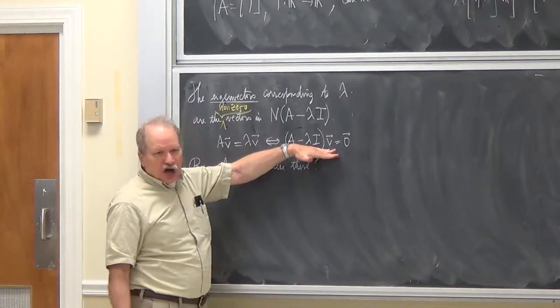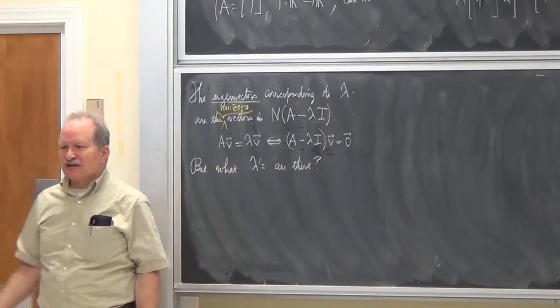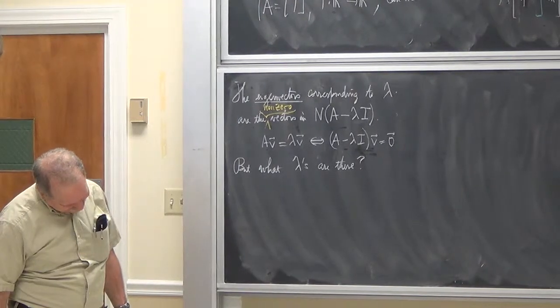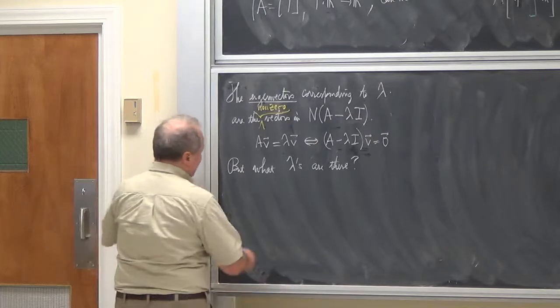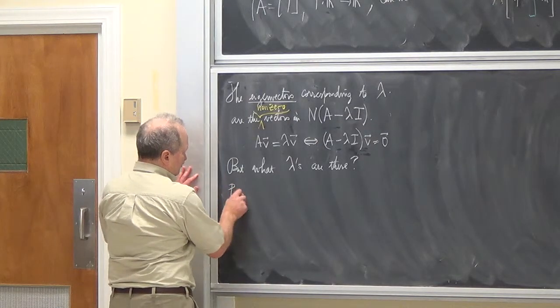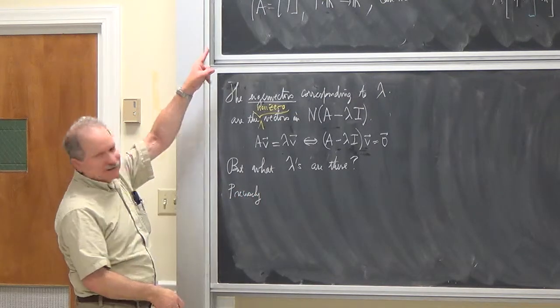If you're going to have a non-zero vector in the null space, what must be true about the matrix? Singular. Why not choose like A11, A22 for lambda? It won't work. No, try it.